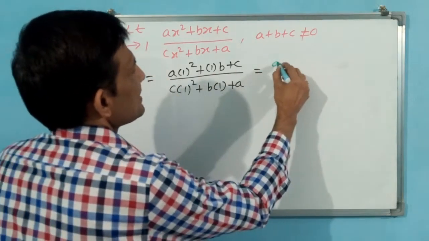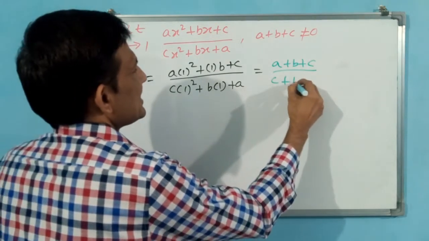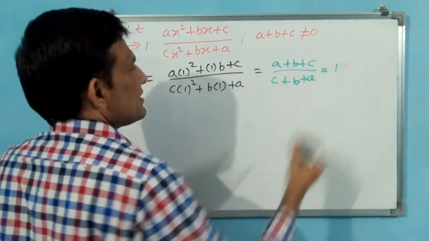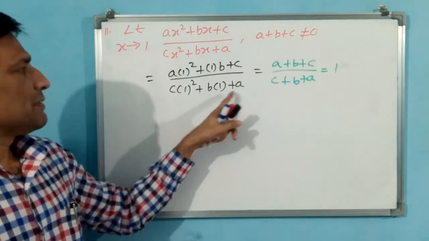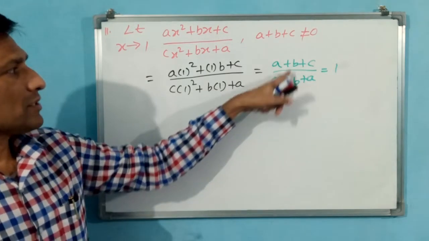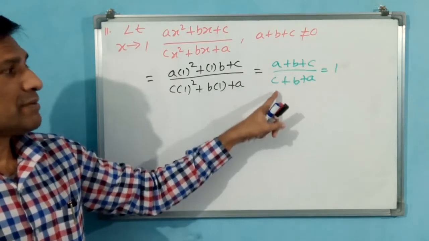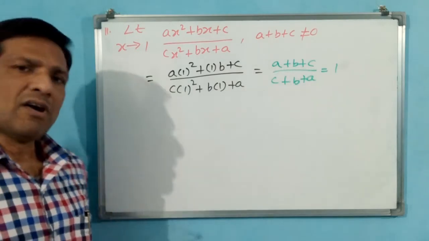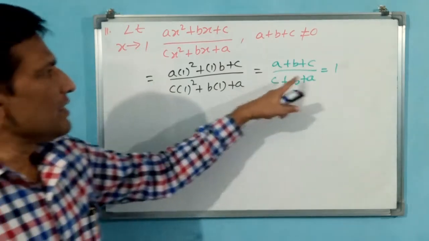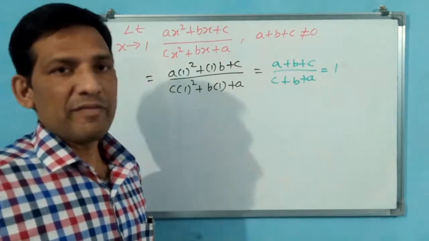That means a plus b plus c by c plus b plus a. C plus b plus a and a plus b plus c, both are same. If any minus was there, a minus b and b minus a are not equal, but since it is plus, a plus b plus c, b plus c, all are same. That is why you can write 1. Both are going to get cancelled and 1 will come.